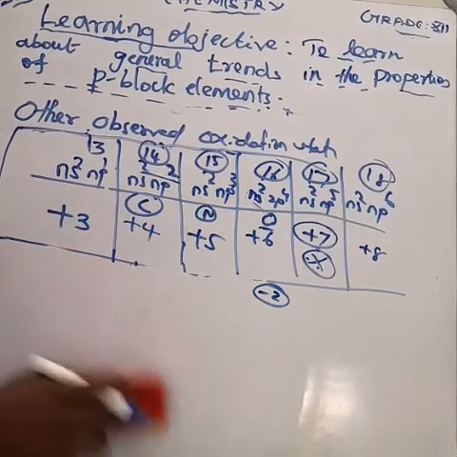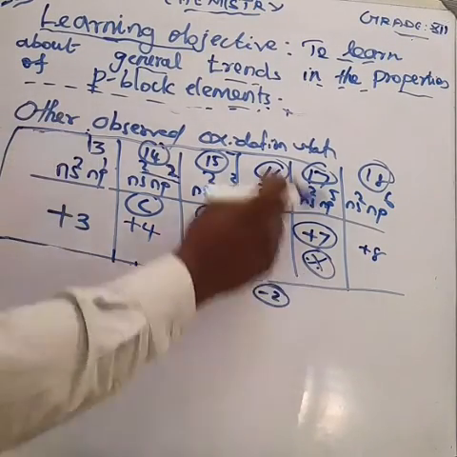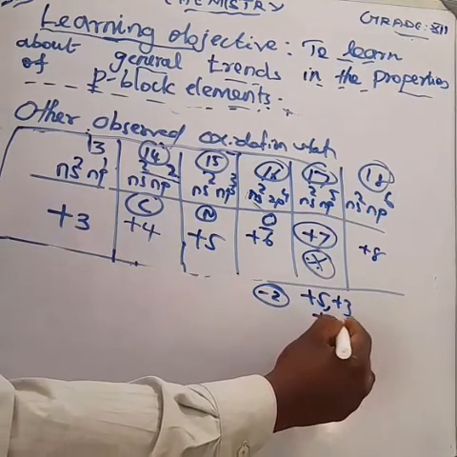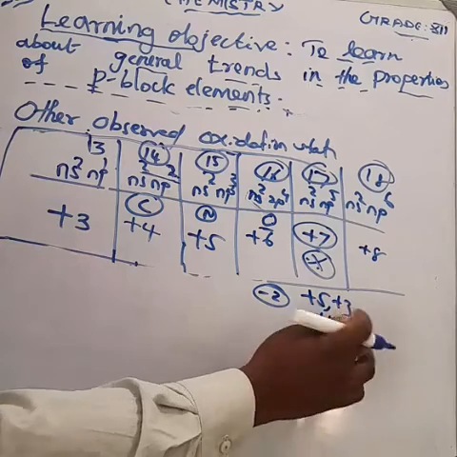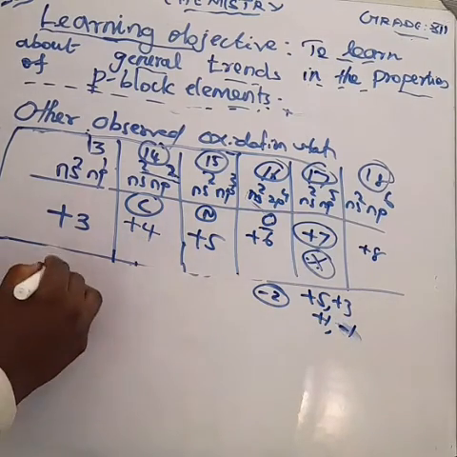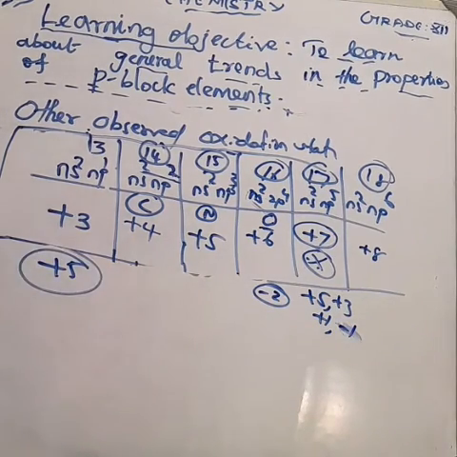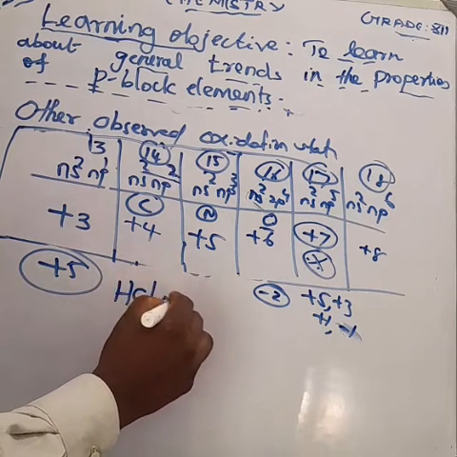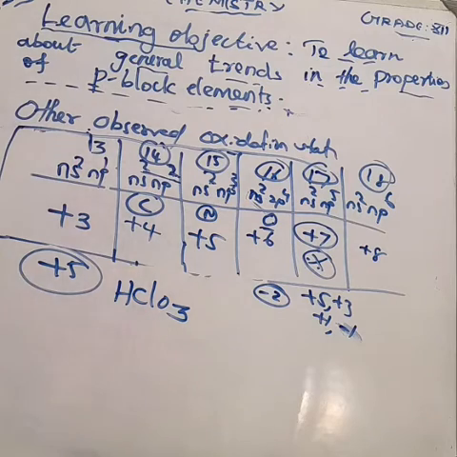Next, the other oxidation states: plus 5, plus 3, plus 1 and minus 1. We have to find the plus 5 oxidation state. Here it is HClO3, chloric acid.